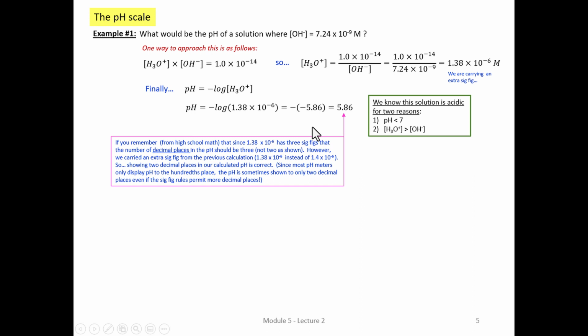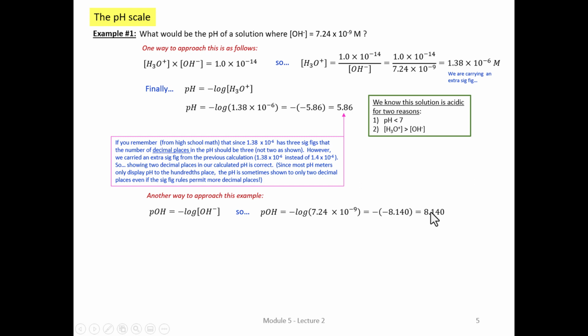Now, another way to approach this example would be to calculate the pOH from the given hydroxide ion concentration. So let's do that and see what happens. pOH would be minus the log of the hydroxide ion concentration, and we'd get 8.140. Notice there are 3 significant figures here, so I am going to carry 3 places for just a minute.